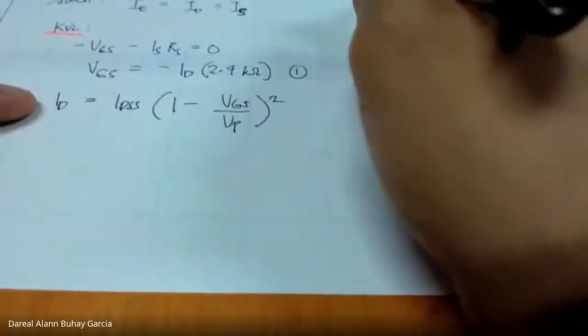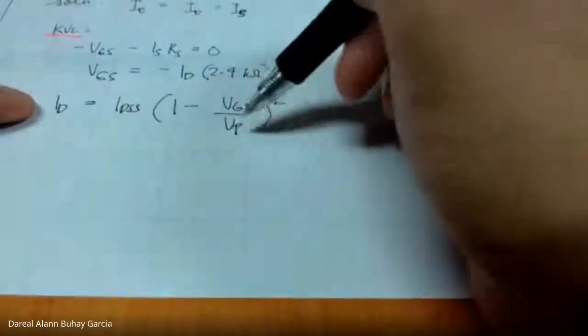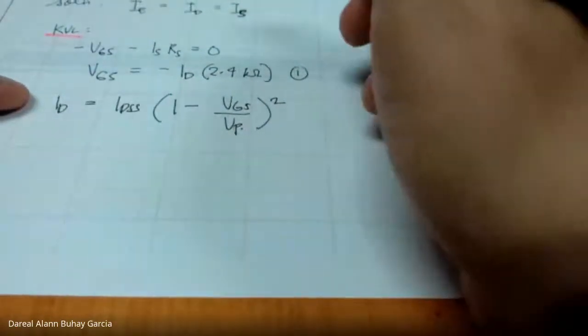Right? So, equation 1: ID is equal to IDSS times the quantity 1 minus VGS over VP, squared. That is 8 milliamperes, with VP negative 4. So 8 milli times 1 minus VGS, which is 2,400 times ID.